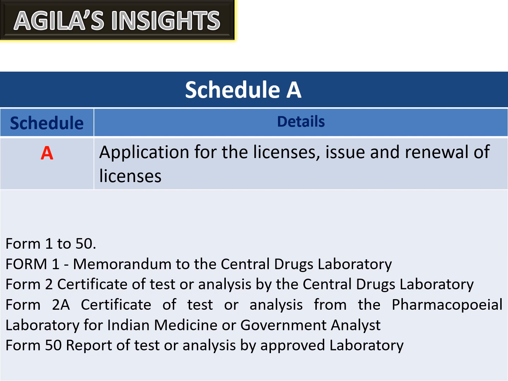Form 2A, certificate of test or analysis from the Pharmacopoeia Laboratory for Indian Medicine or Government Analyst. Likewise, it goes on till Form 50. So Form 50, report of test or analysis by approved laboratory.